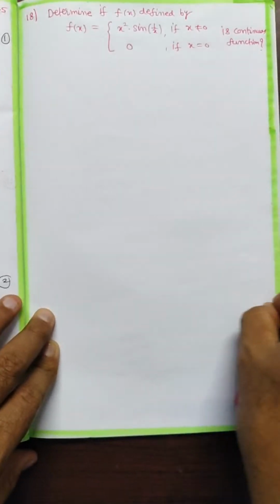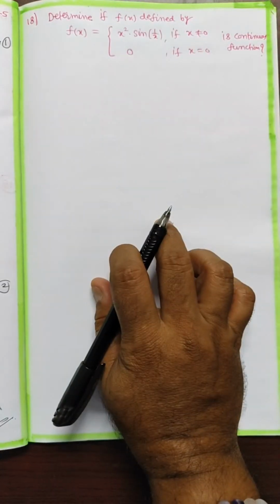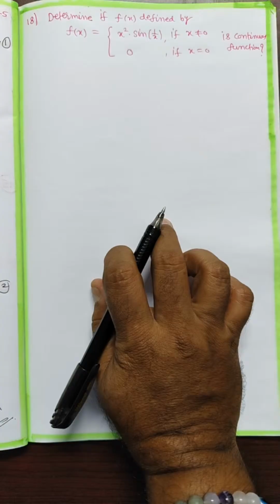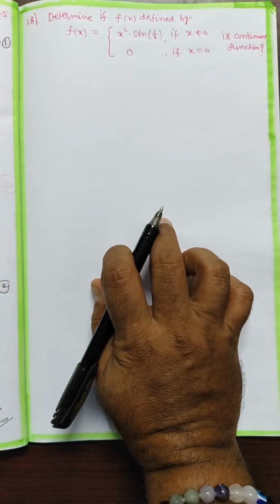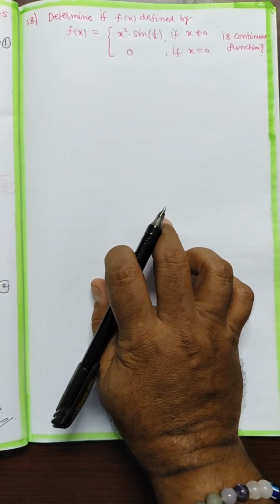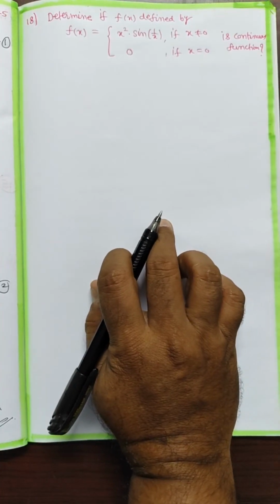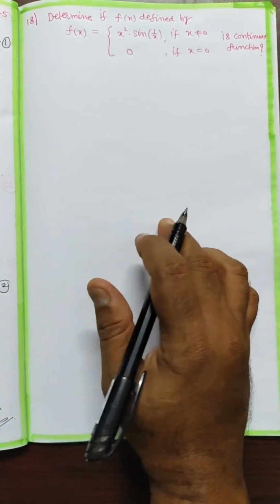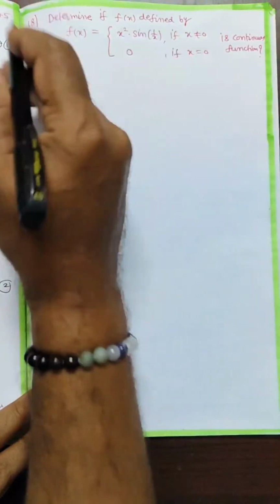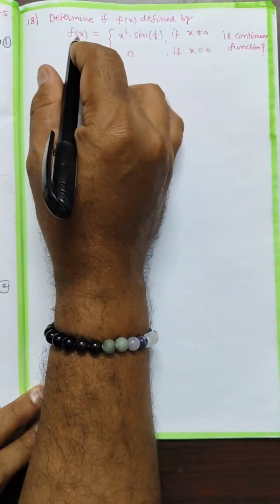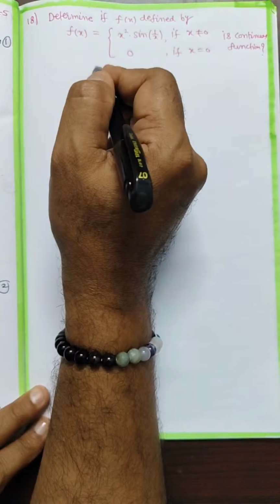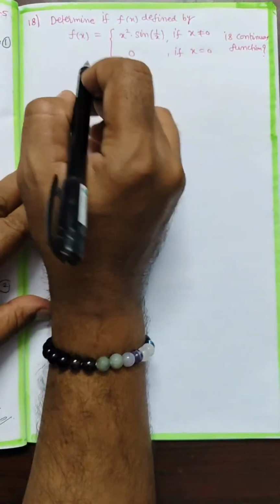See, in what way we will prove this function is continuous? See, dear students, first find out the value of the function at x is equal to 0. F of x is already there. In the exam, again you have to write it, dear students, after giving the question.